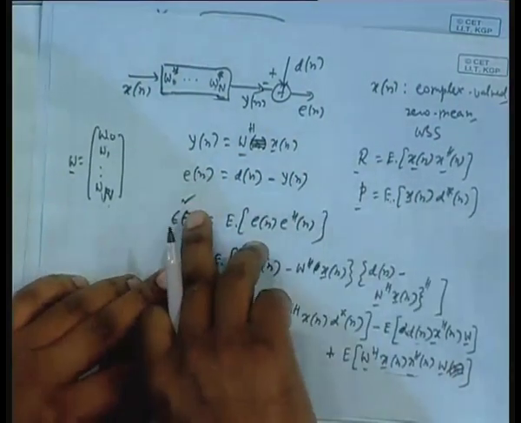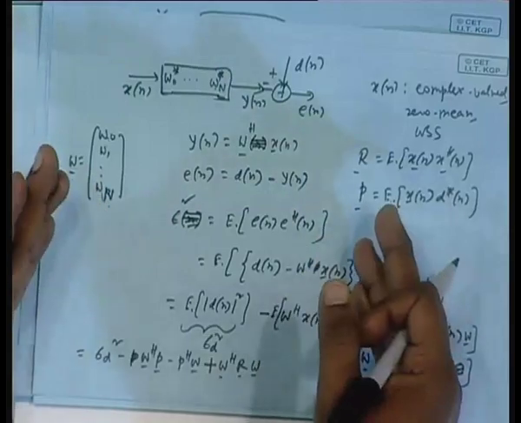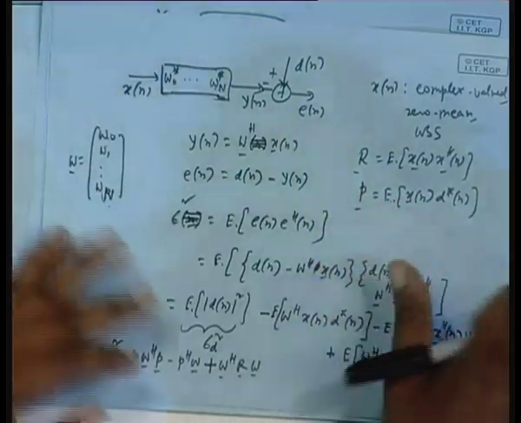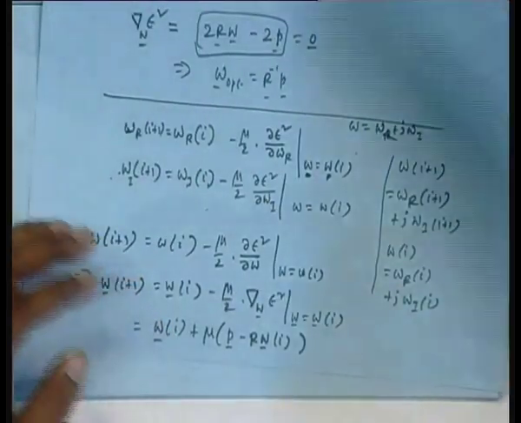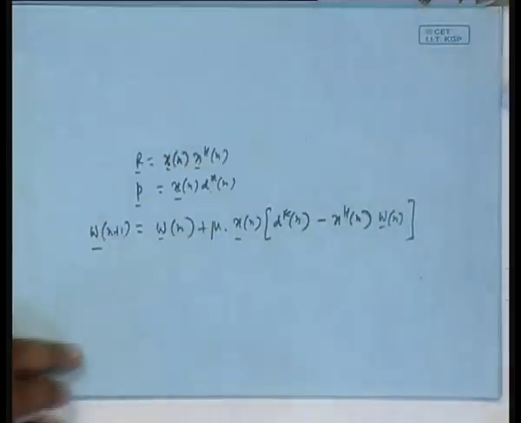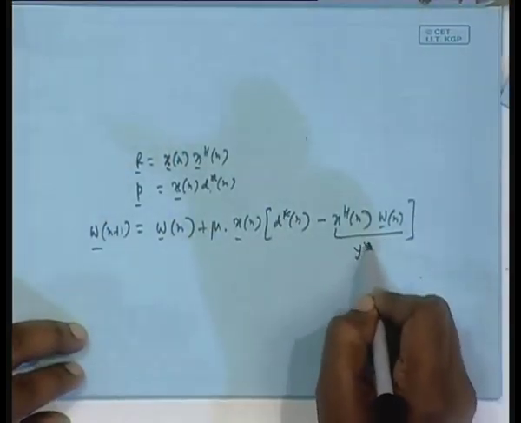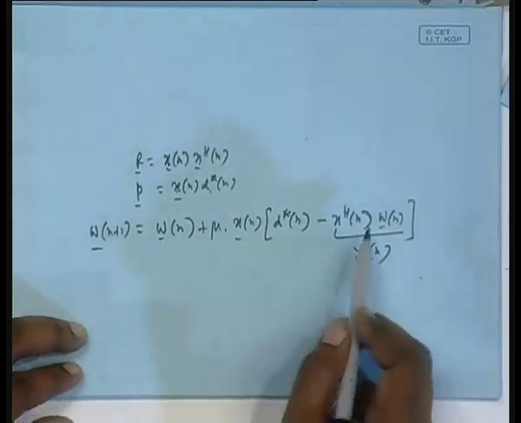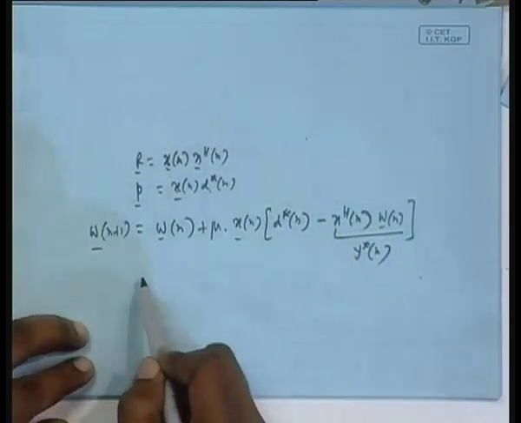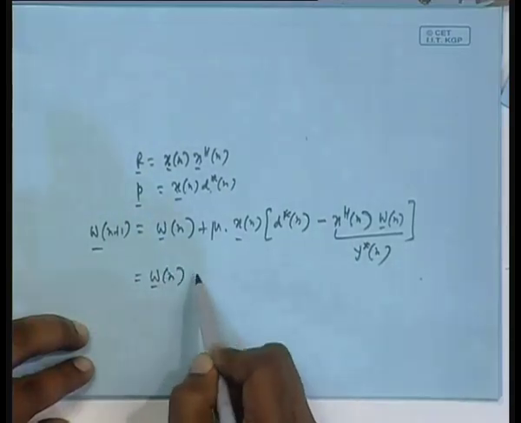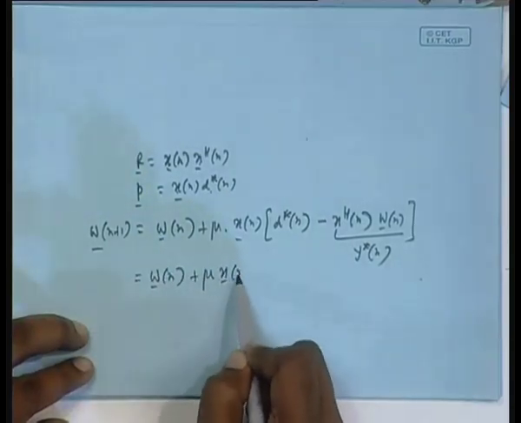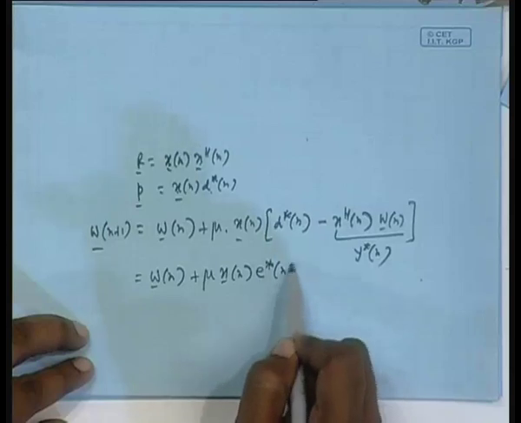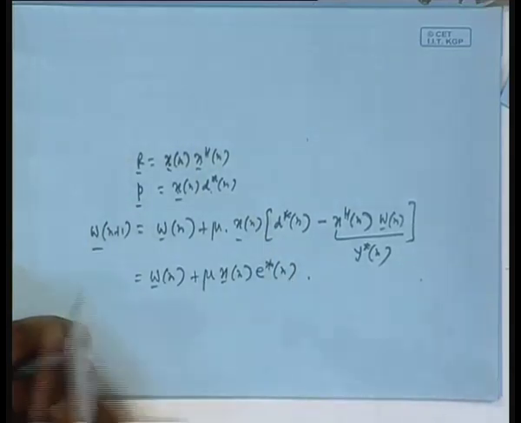So XHW is y star, Hermitian of y, and when y is scalar, so y star. So this quantity is y star n, that means dn minus yn star of that, so E star n. So this is the complex LMS algorithm, with E star n. Okay. Other steps are simple.